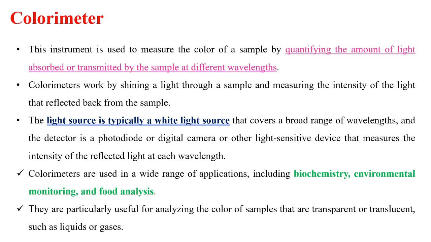It will quantify the amount of light that has been absorbed or transmitted by the sample at different wavelengths. As I mentioned, the reflective spectrophotometers may lie from UV to visible, but the colorimeter is only for the visible range. Okay, this is one difference.